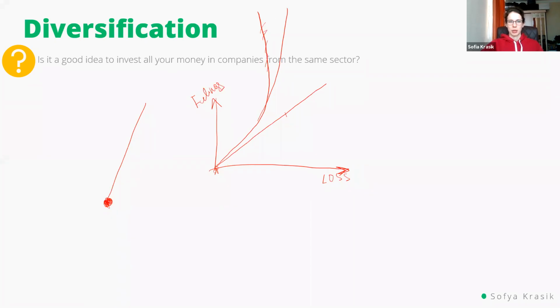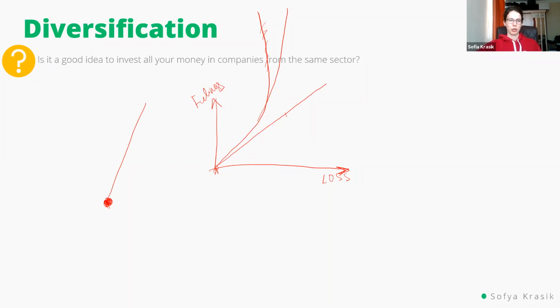So the problem usually is not that you invested in the same sector, but that most people who invest in the same sector because they believe the company will grow usually think about the possibility that the whole sector may grow and they may get rich, and they usually do not understand that this is a high risk.